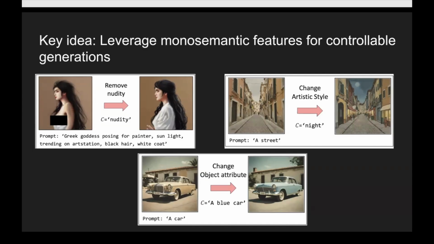Something that we did is, if we are learning monosemantic features using k-sparse autoencoders, can I systematically steer the image away from a particular monosemantic concept? So there's a nude image, and the monosemantic concept that I'm interested in removing or steering it away from is nudity. We can do that for different artistic styles, photographic styles, or object attributes.